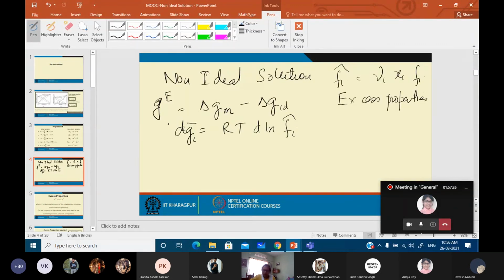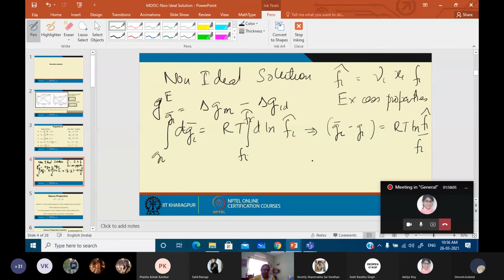So suppose I integrate it from the pure component to the property it has in the mixture. From this, I get Gi bar minus Gi, that is, the partial molar Gibbs free energy in solution minus the molar Gibbs free energy of the pure component, equal to RT ln of fi cap by fi. You can write it down with me.